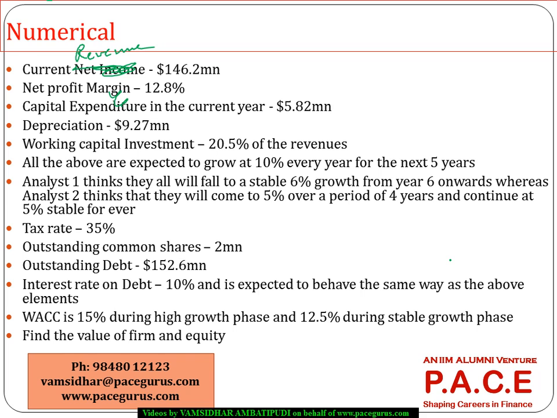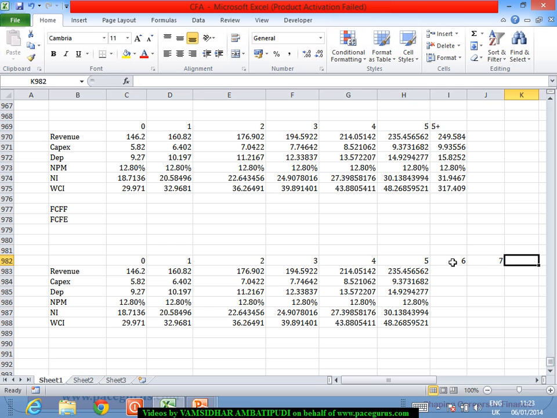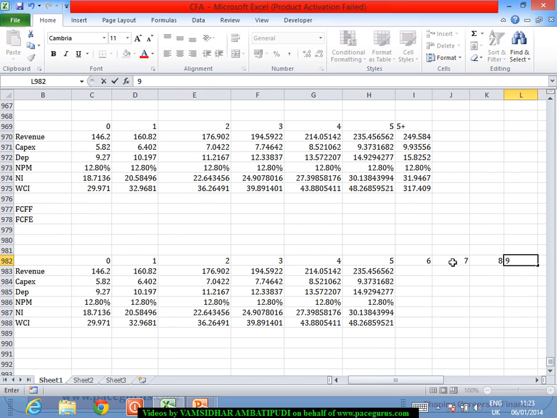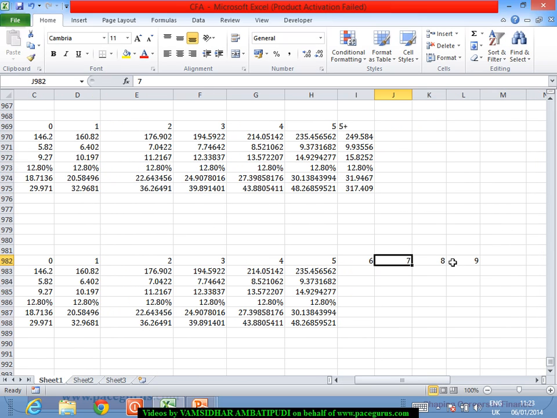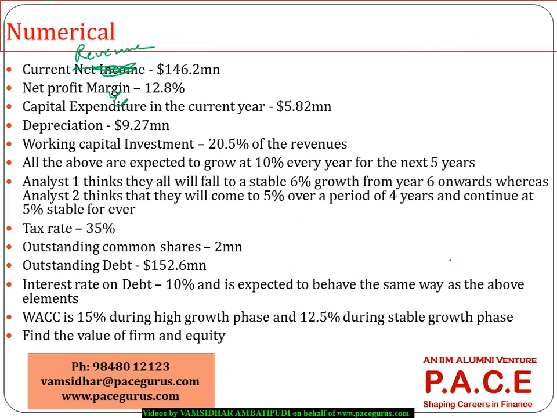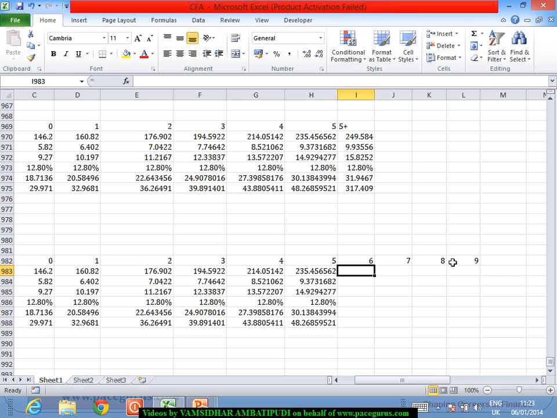So from 10 if it has to come to 5, then each year there is a drop of 1.25%. So it is coming out to 8.75, 7.5, 6.25 and then 5.